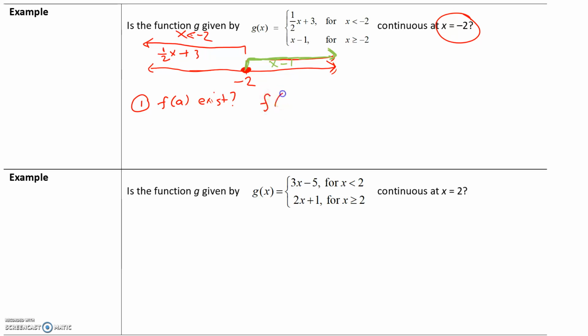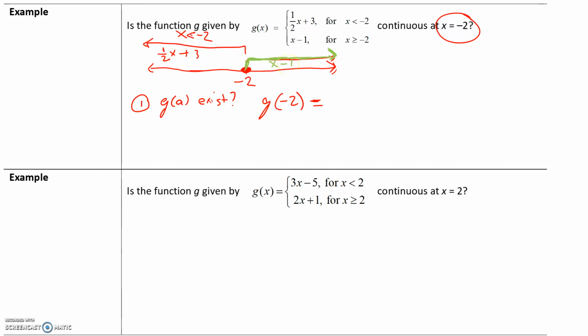So first we want to figure out what f of -2 is equal to. So f of -2 means you want to evaluate the function, or I'm sorry, this is g, not f. We want to evaluate the function g at -2. So we have to figure out at -2, am I using this function 1/2 x plus 3, or this function x minus 1?